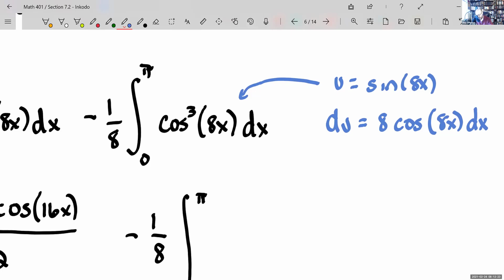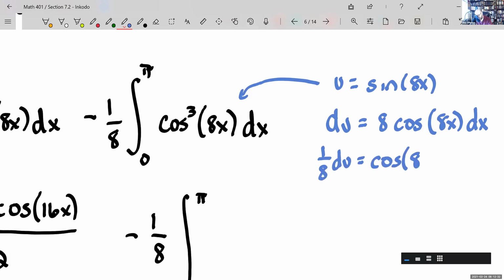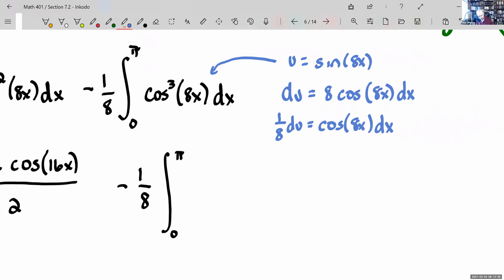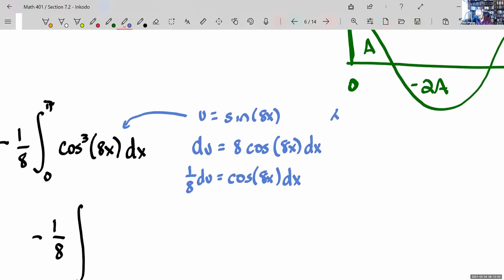I don't have an 8 to steal away, so I'm going to go ahead and say this is 1/8 du is equal to cosine of 8x. You will find out that this integral will be 0, but let's just go ahead and go through it in a lengthy process. So if I let u equal sine of 8x, when x is 0, that implies that u is 0.